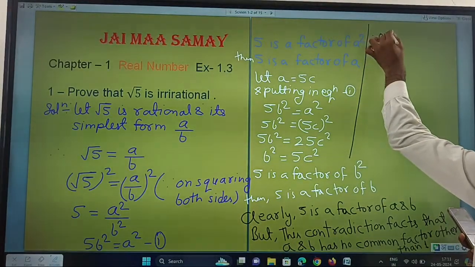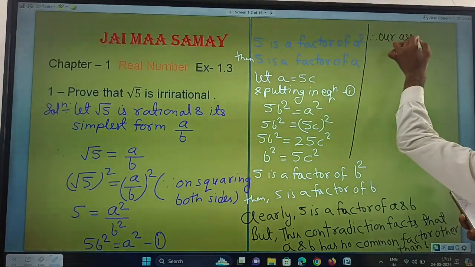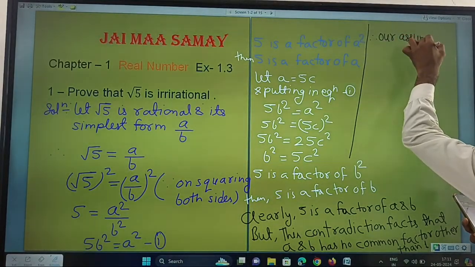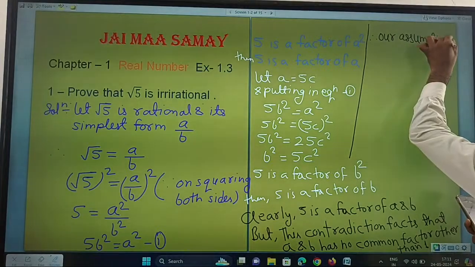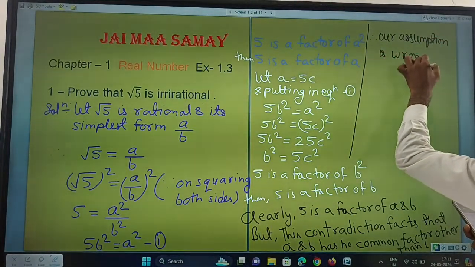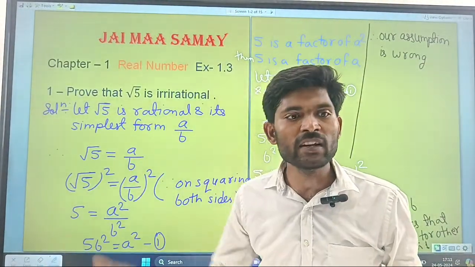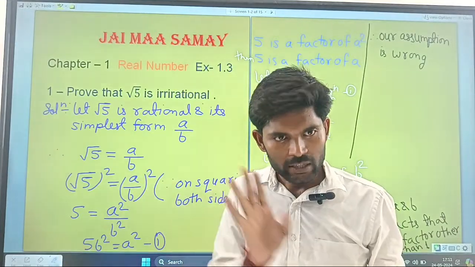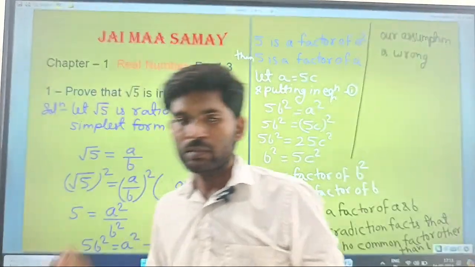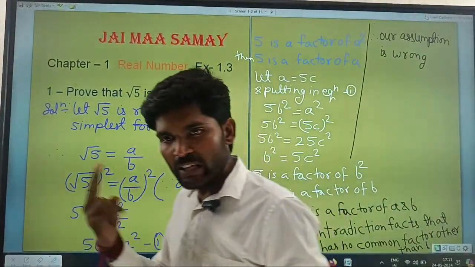Therefore, our assumption is wrong. What did we suppose? A rational number, right? If the rational number is wrong, then what? Irrational number. What we supposed is rational, only two things: either rational or irrational.